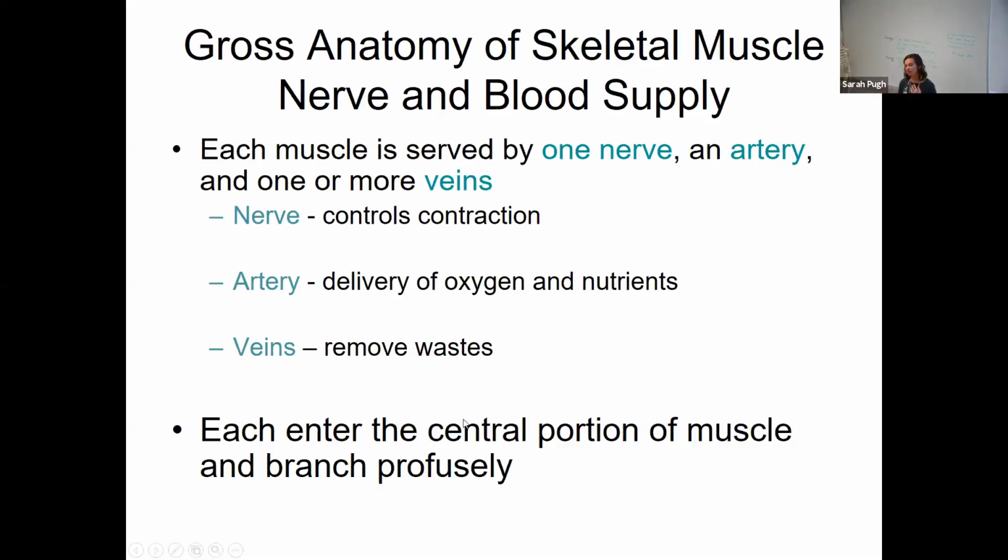And then typically it's going to be drained. All the waste, all the CO2, we're going to pull that out through veins. So we say that the nerve is going to control the contraction, the artery is bringing in the good stuff, and the veins are removing the waste. All of these are entering into that muscle at a central portion, and then they're going to branch profusely.